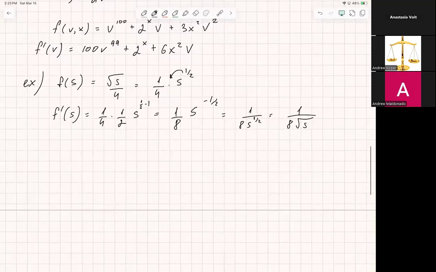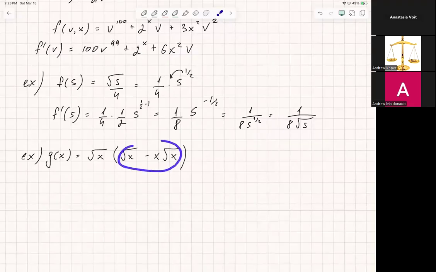Okay, now if we have an example like this, let's say g of x equals square root of x times square root of x minus x square root of x. In this case, you may want to use the product rule here, and also inside here you'll also need to use the product rule, so that's kind of like a nested product rule.